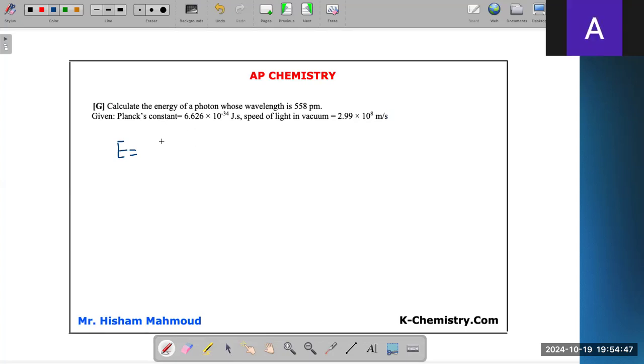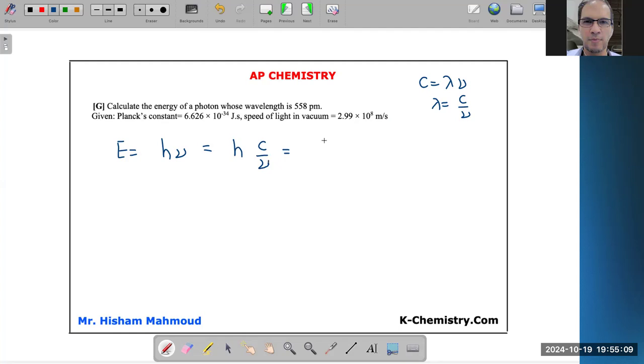Wavelength. Okay, multiplied by the frequency. Where do we have the frequency? No, we don't have the frequency. We have the wavelength. So C is equal to lambda multiplied by the frequency. So if you want the lambda, that's equal to C over the frequency. So H multiplied by C over the frequency.